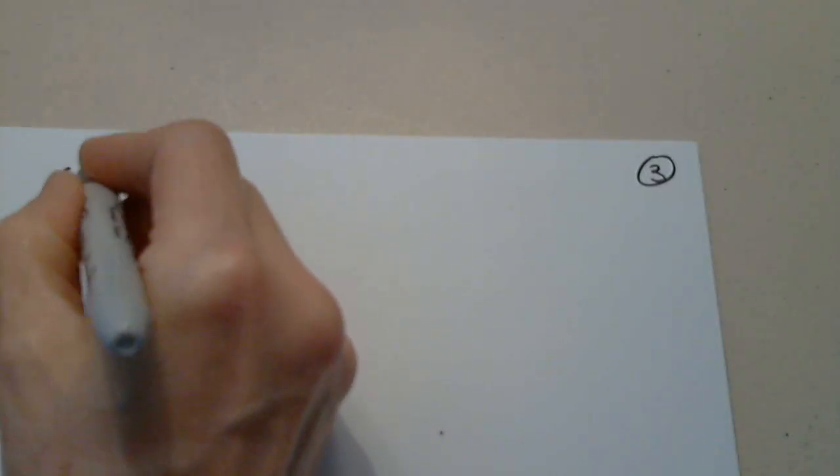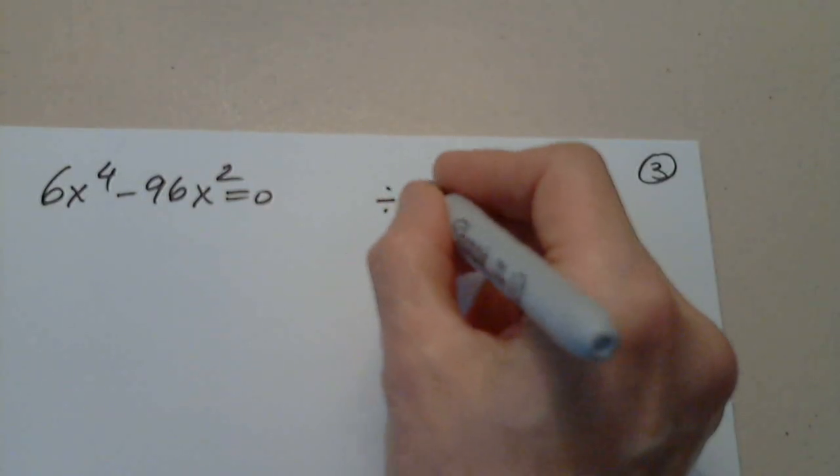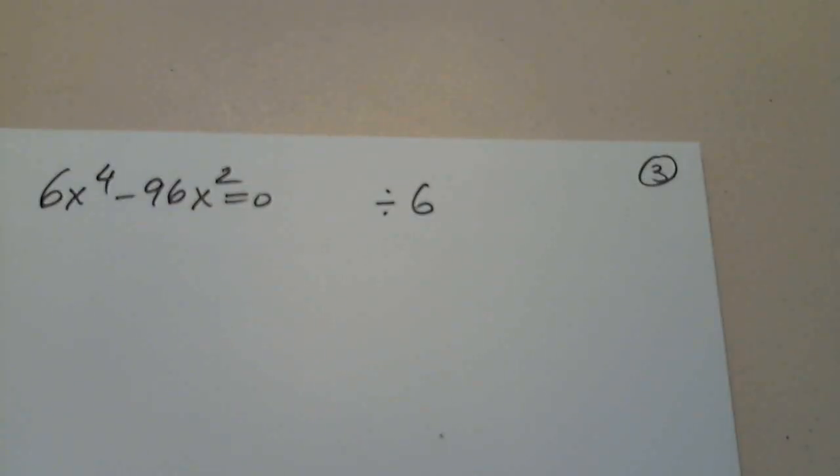So we have 6x⁴ - 96x² = 0. You can say x² is a common factor, divisible. No, no, I cannot divide by variables. No, that is not possible. But I can divide both sides by 6. Of course I will. I don't like those big numbers. And I'm allowed to simplify an equation dividing by a non-zero number.